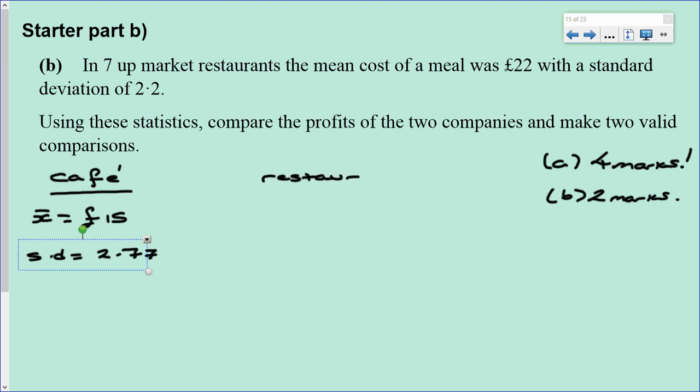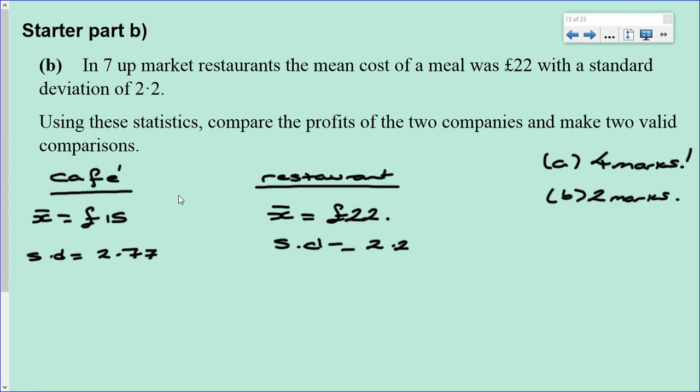Now part B says in 7 upmarket restaurants, the mean cost of a meal was £22. So I'm going to put x bar equals 22 and a standard deviation of 2.2. Then, using these statistics, compare the profits of the two companies and make two valid comparisons.